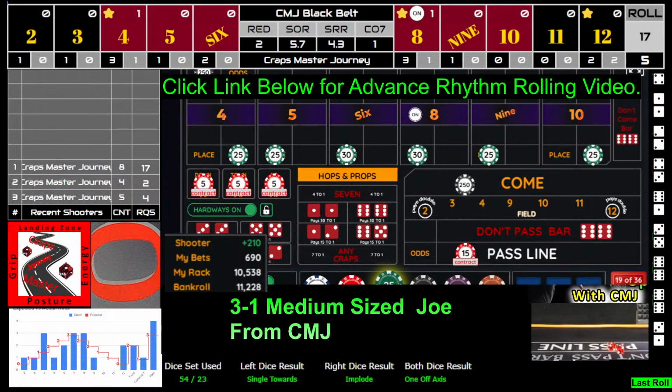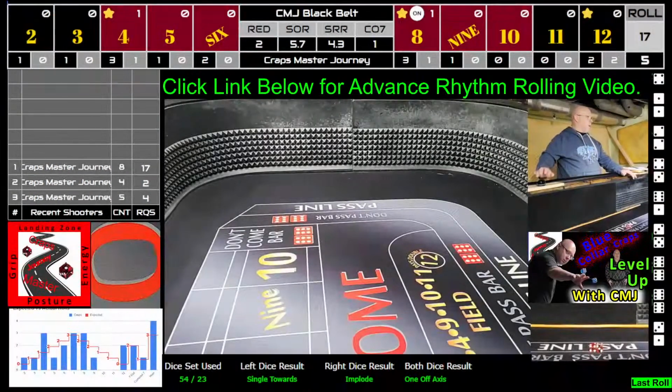So this will be our last bet for the horseman strategy. Okay, let's call that. All that set.